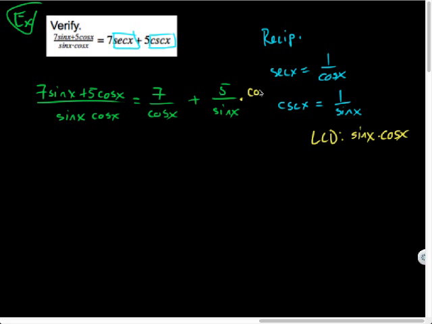So I'll multiply this by cos x over cos x, and this one by sin x over sin x. Equals, my left-hand side's staying the same for a while, so I'm just going to throw some ditto marks in there to save us some work.